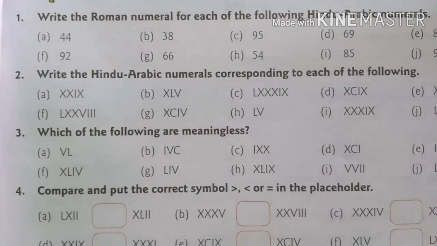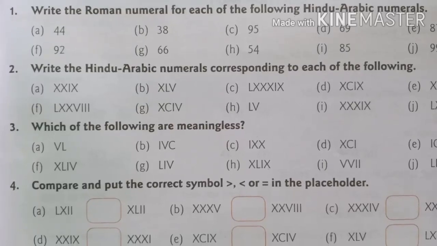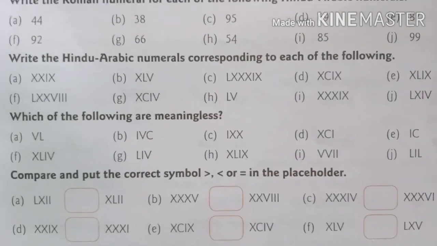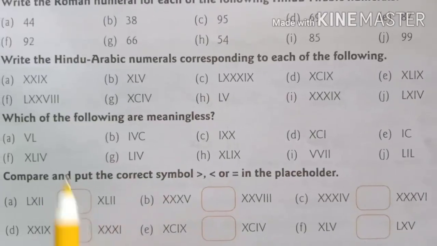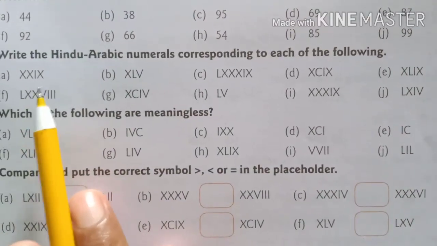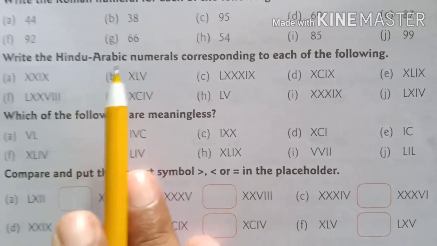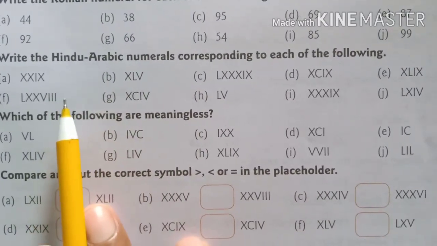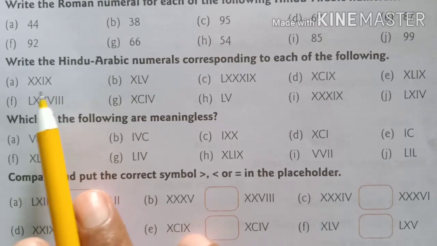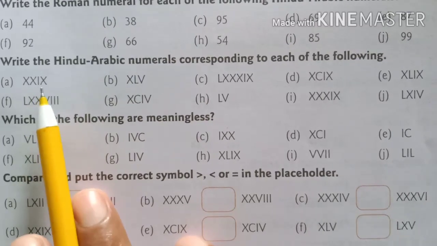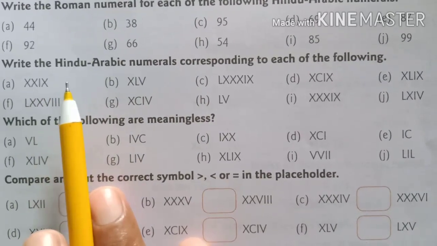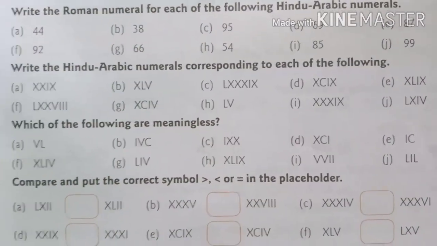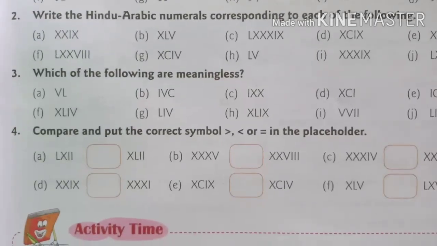Question number 2. Write the Hindu Arabic numerals corresponding to each of the following. Here Roman numerals are given to you, and its corresponding Hindu Arabic numerals you have to write. You will write in front of what will be these symbols in Hindu Arabic. Okay, so you have to write in digits. See question number 3.